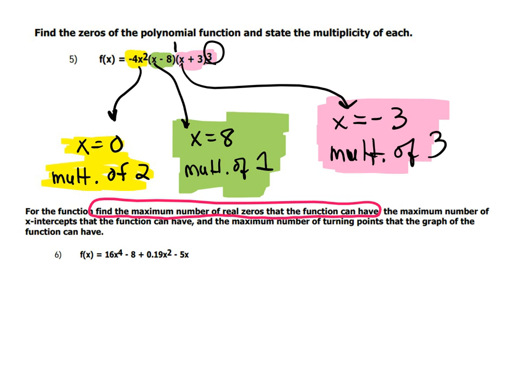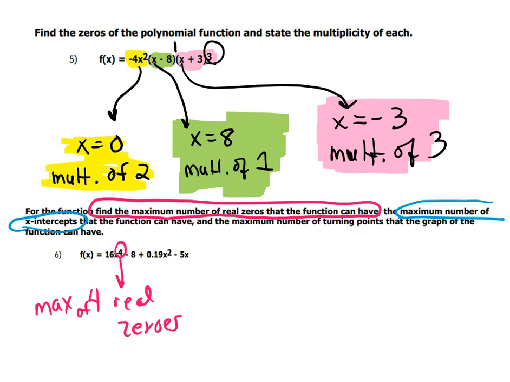This is not in descending order perfectly, but this is the highest exponent, and so it's going to have a max of 4 real zeros. And then the next question is, what's the maximum number of x-intercepts? It'll be max of 4 x-intercepts. Those are the same answers.